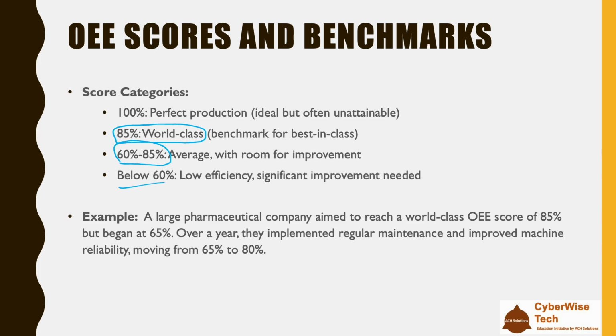Anything below 60% is called low efficiency and requires significant improvement. Now let's see an example. A pharmaceutical company aiming for 85% started at 65%. By focusing on maintenance and equipment reliability, they reached 80% within a year, demonstrating how achievable these improvements are with a structured approach.